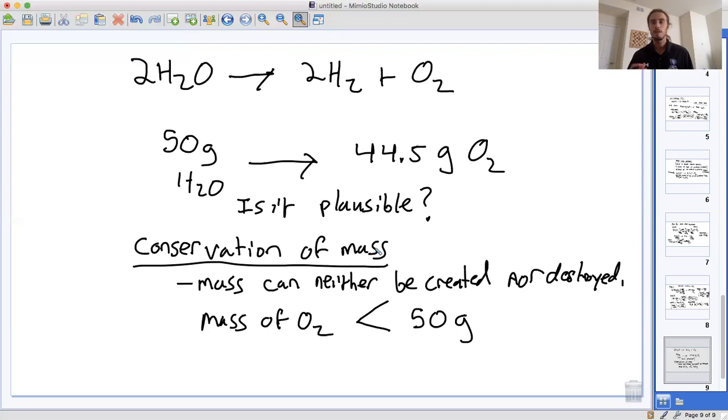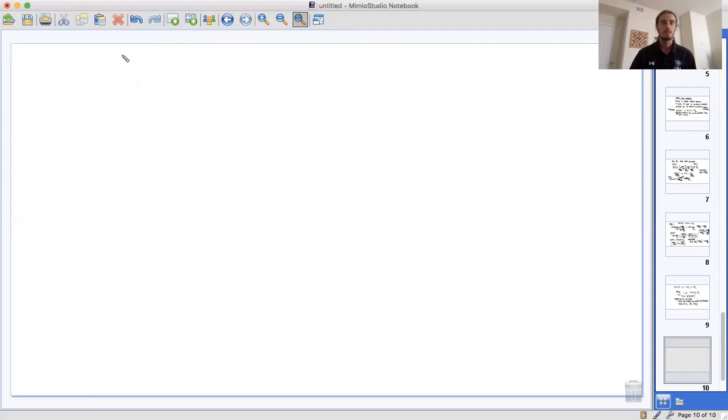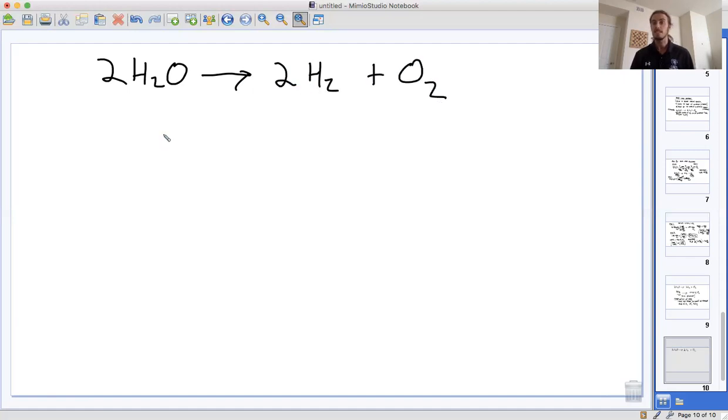All right, let's look at one more example. I just walked you through a mass-to-mass problem in a lot of detail. Let me summarize this method with another example, and we'll try to go a little bit quicker. Let's take the same equation. And now let's ask a different question.